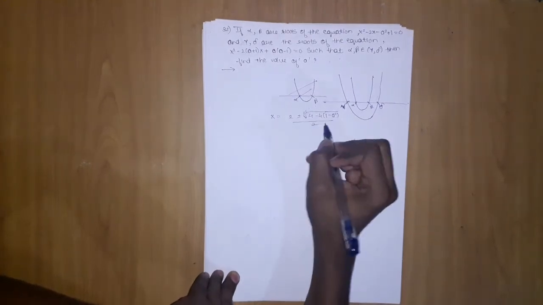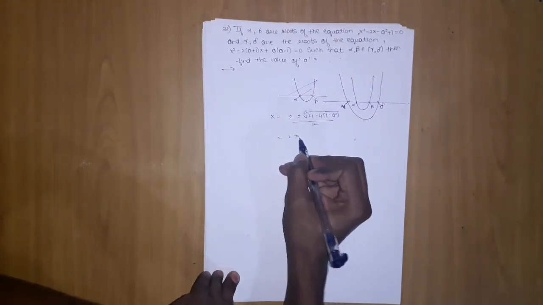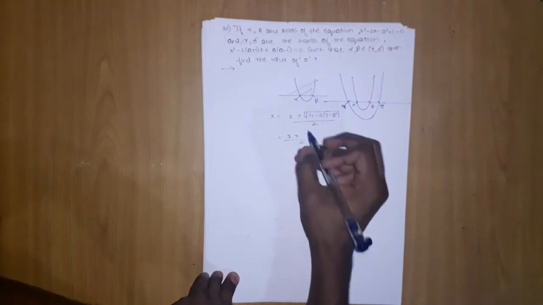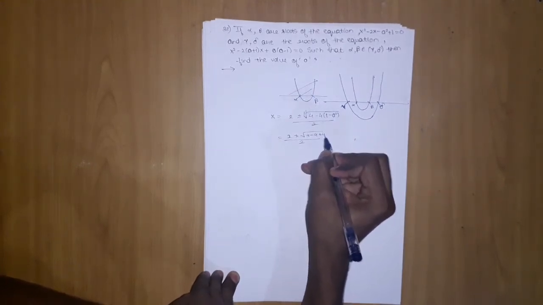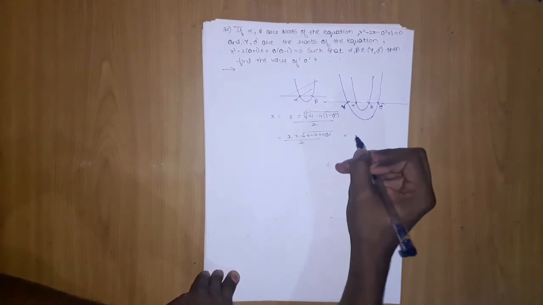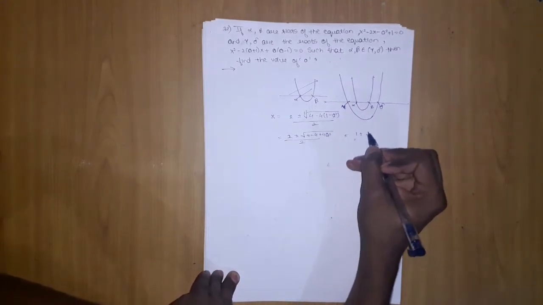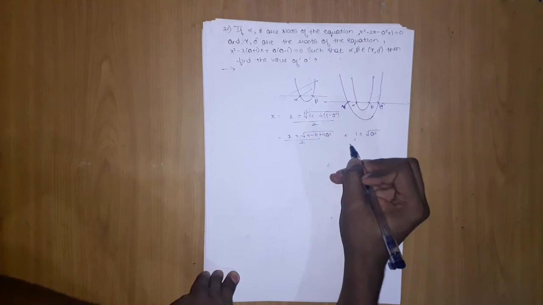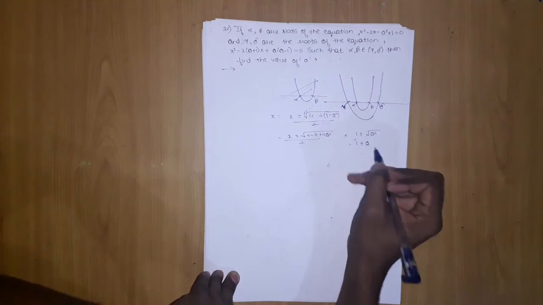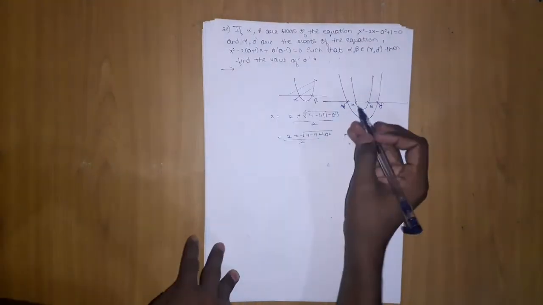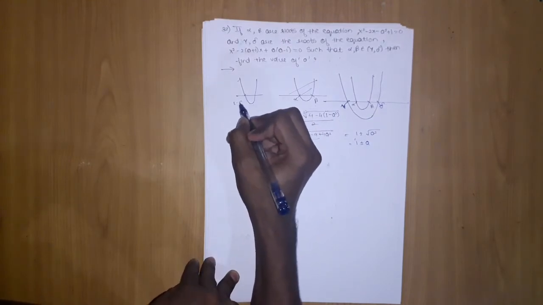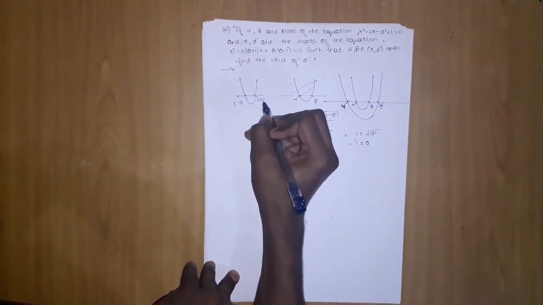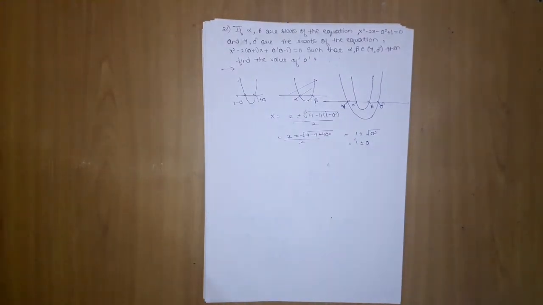All upon 2, which will give us 1 plus minus 2 upon 2 under root of 4 minus 4 plus 4a square, which will give us 1 plus minus under root a square, which will be 1 plus minus a. Now you can tell by looking at this graph, alpha will be 1 minus a, and this will be 1 plus a.